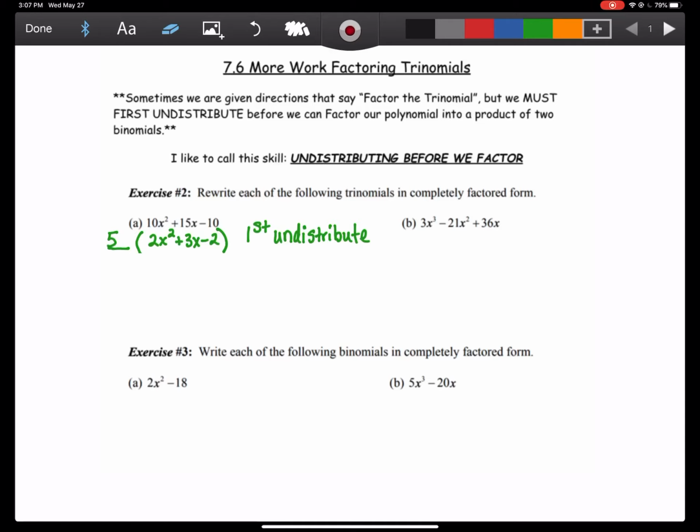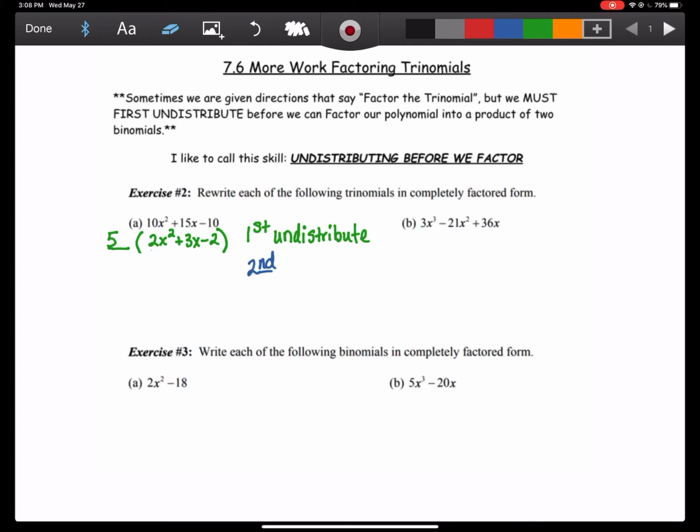Now, unfortunately, it's still going to require us to use the method that involves factoring the first term and factoring the last term and trial and error, but it shouldn't be too bad because these factors of 2x squared and negative 2, there aren't tons of them. So let's get to that.